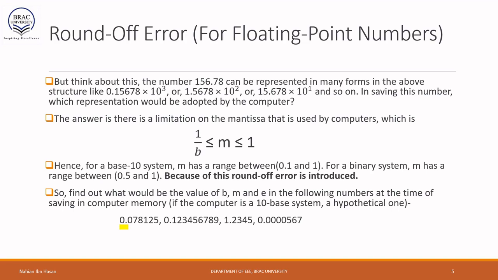So if you want to save these numbers inside your computer memory, they should be represented using this formula. They must follow this criteria to represent floating point numbers inside the computer memory. So can you find out what the proper representations of these numbers should be whenever the computer wants to save them inside its own memory?